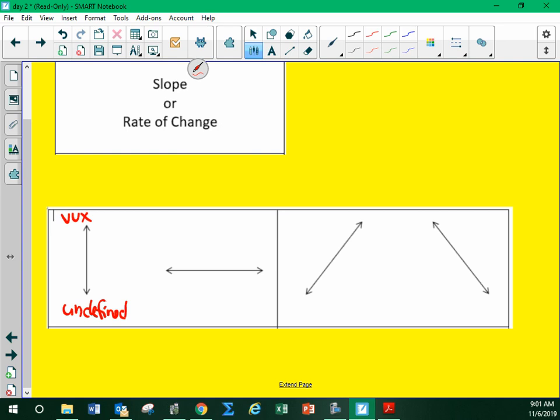Now this is a horizontal line, so that's our VOID. Again, horizontal line is in the form y equals. We talked about this last class, but this middle one stands for 0. Our slope is 0.